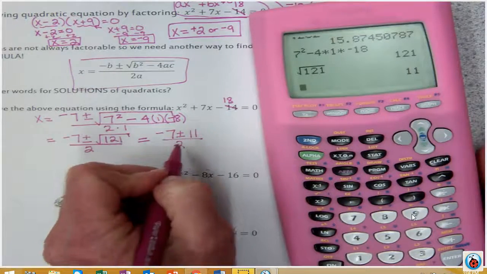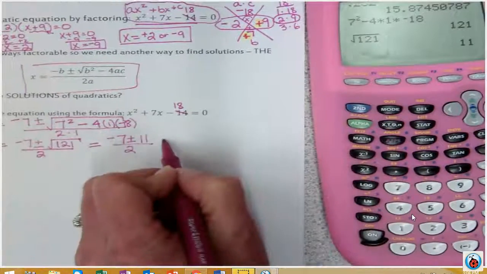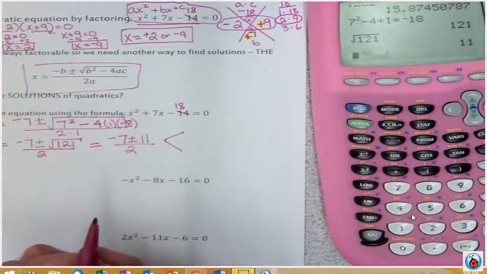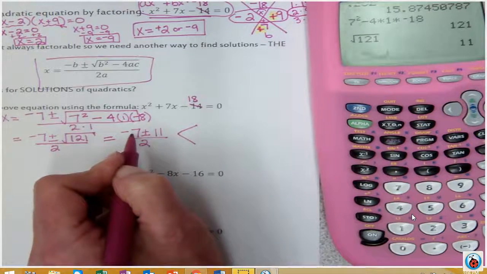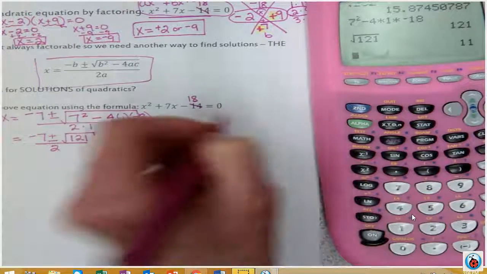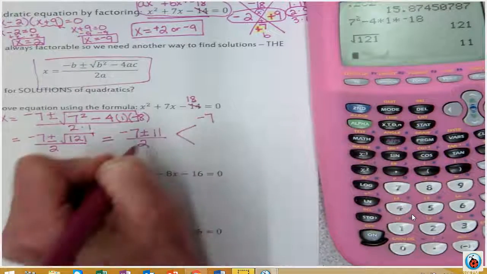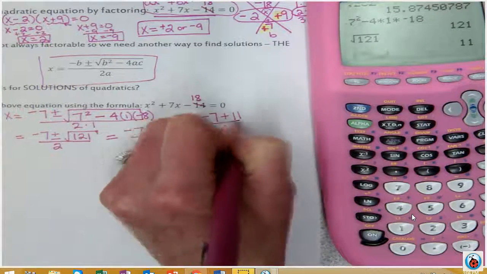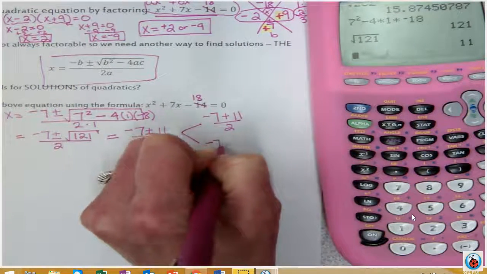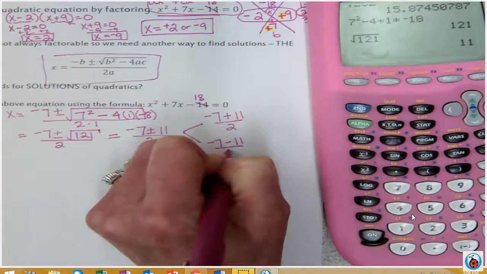So now we can split this into two problems, because here's where you're not going to get the same answer regardless. I have to divide this into two separate problems. Negative 7 plus 11 divided by 2, and negative 7 minus 11 divided by 2.